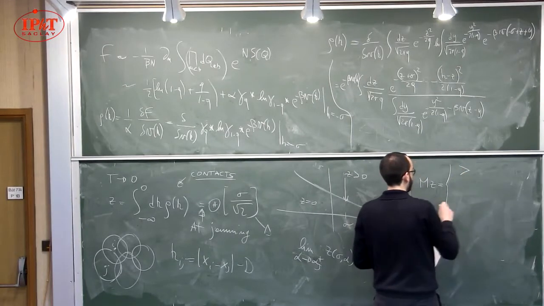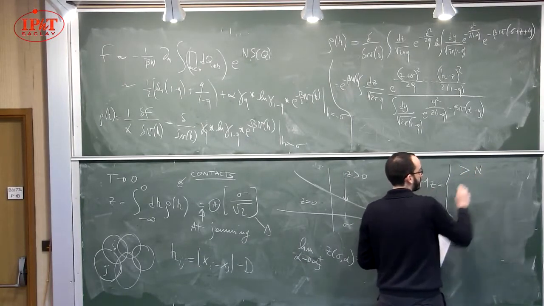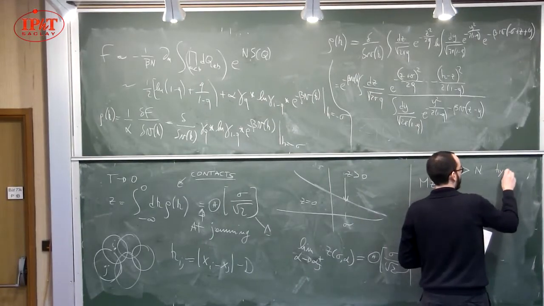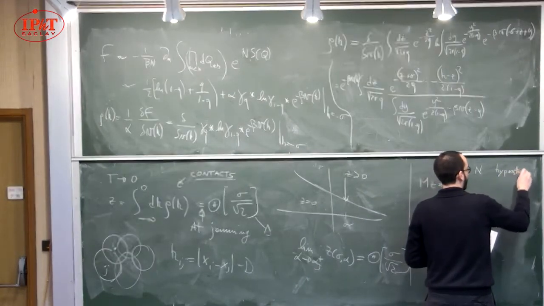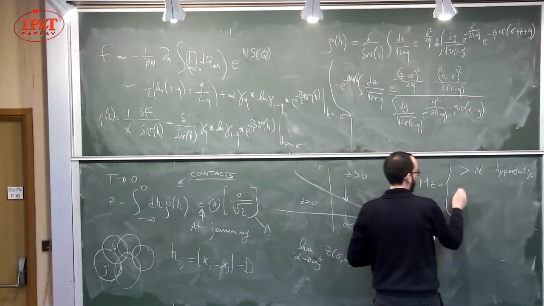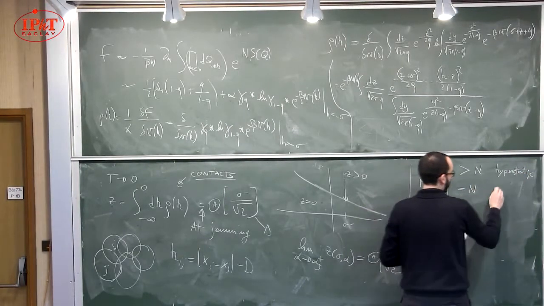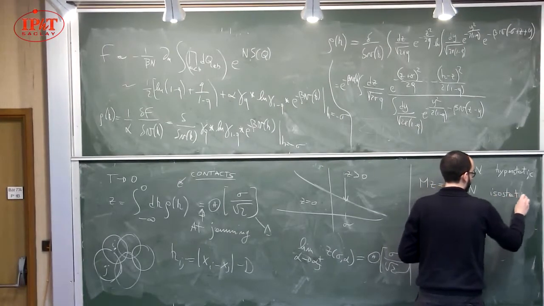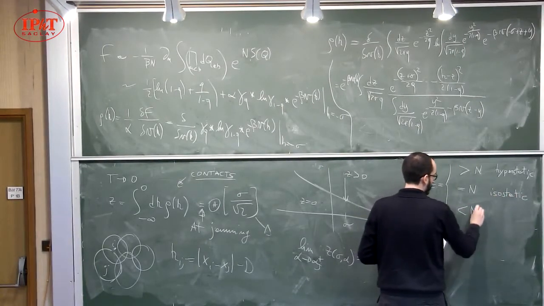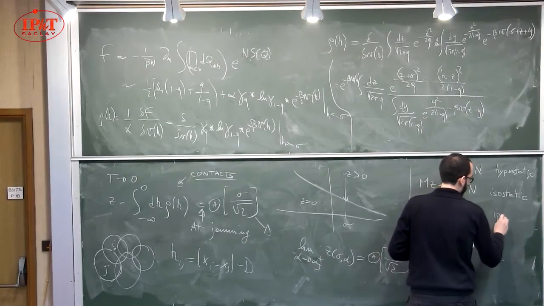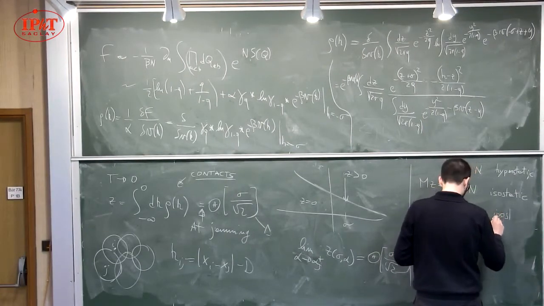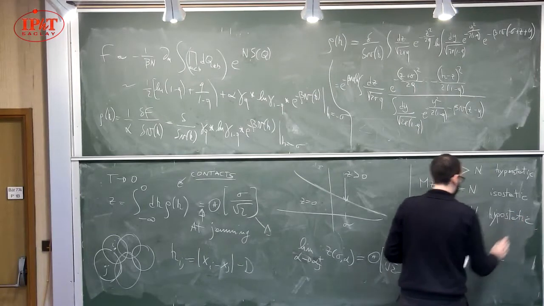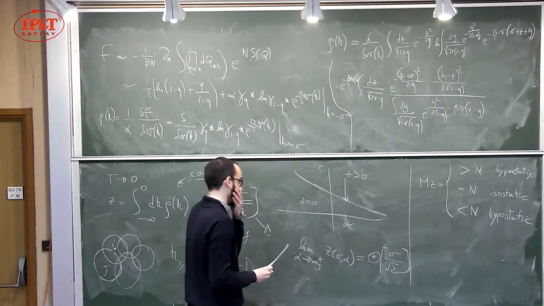This could be greater than n, and I will call this situation hyperstatic. It could be equal to n, and I will call this isostatic, or less than n, and I will call this hypostatic. I think I should write it like this.